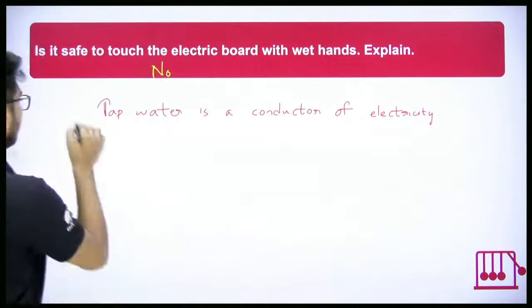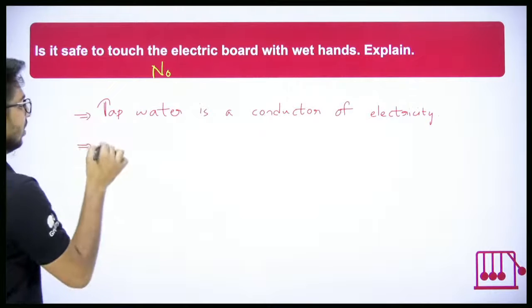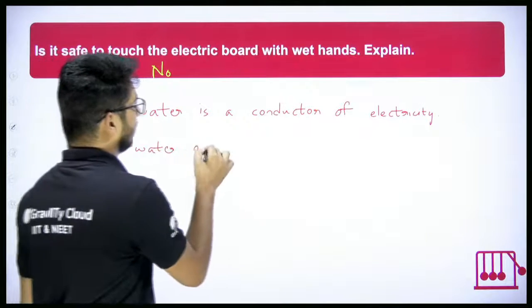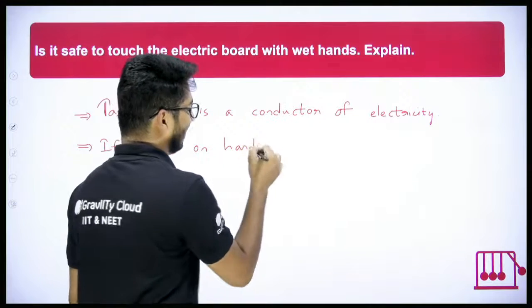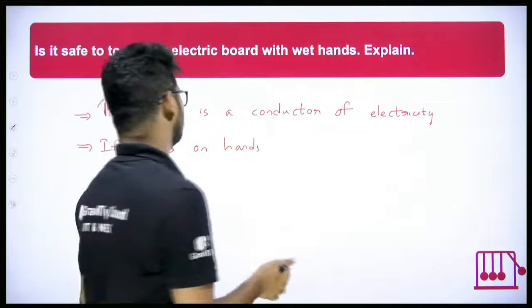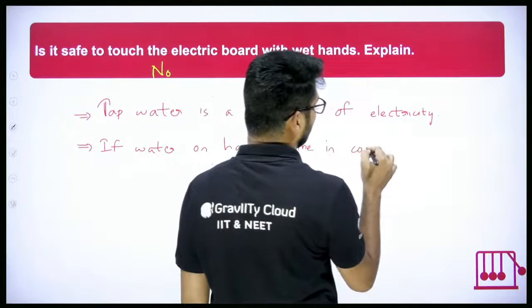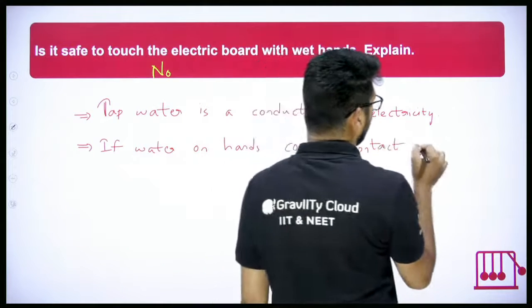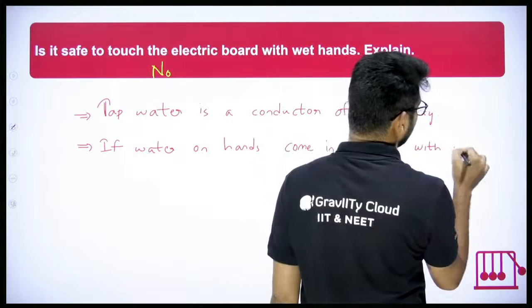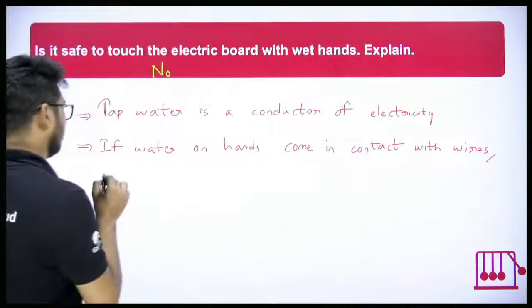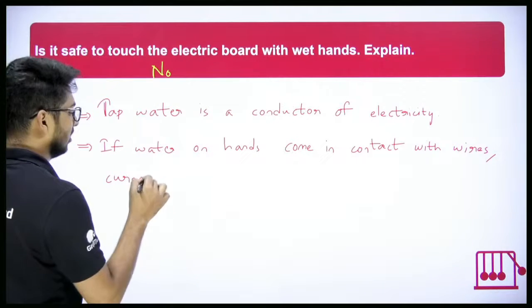So if water on hands, wet hands, comes in contact with wires, current can flow into the human body.